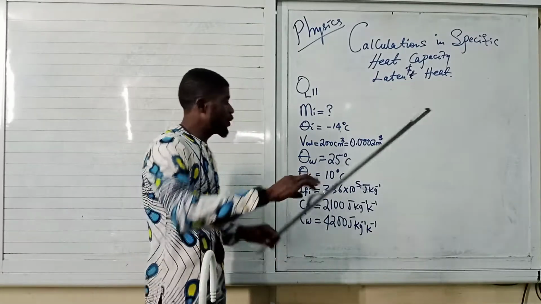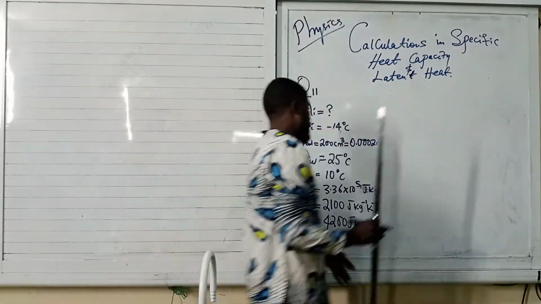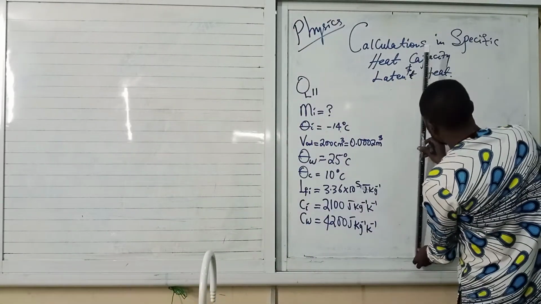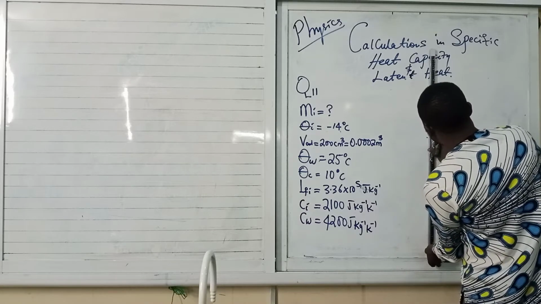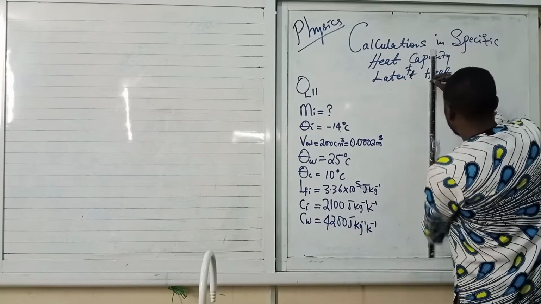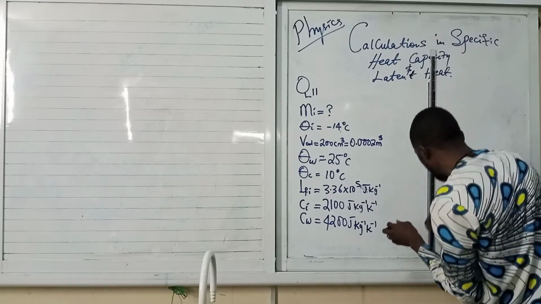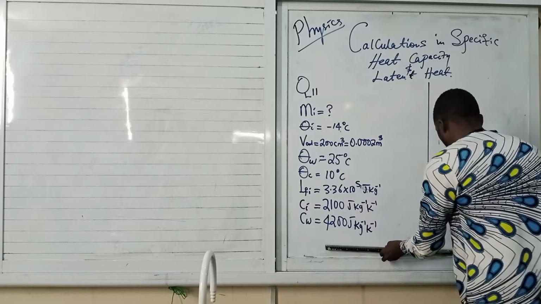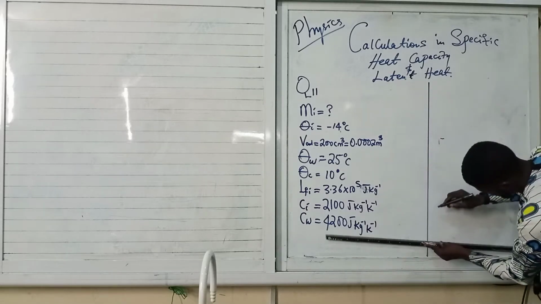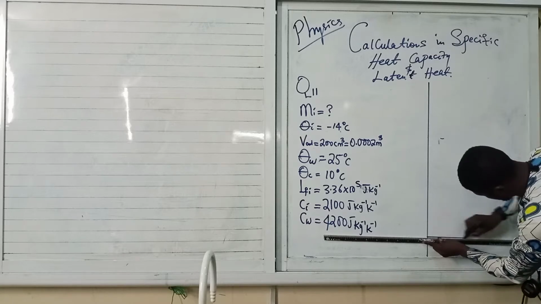The next thing is I want to sketch this question so that you will understand what the question is all about. If you remember very well, in the other video I drew something like this. I call it the heating curve for solid ice. And so I'm going to do the same thing right here. Heating curve for solid ice.